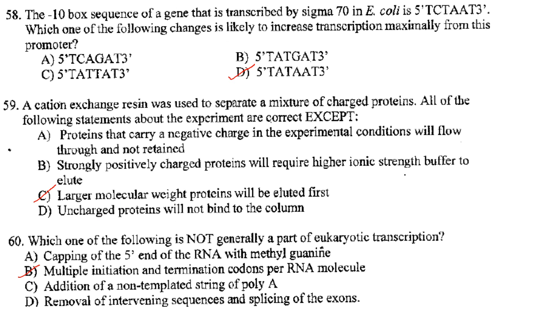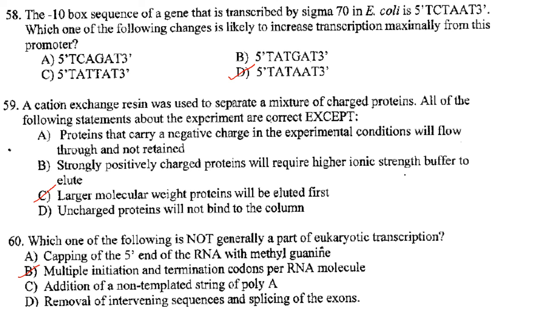Then the -10 box sequence of the gene that is transcribed by sigma 70 in E. coli is 5' TCTAAT 3'. Which one of the following changes is likely to increase transcription maximally from this promoter?